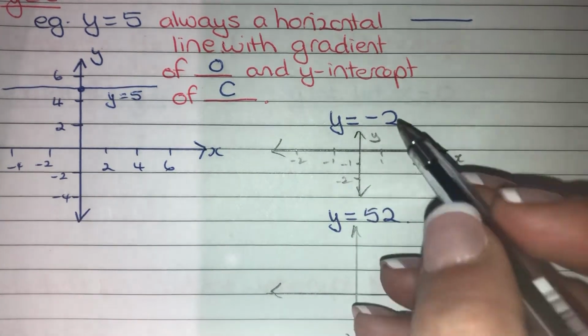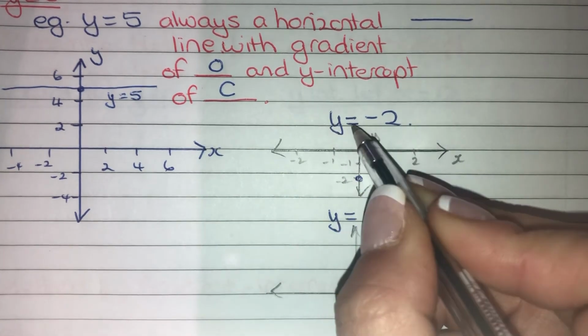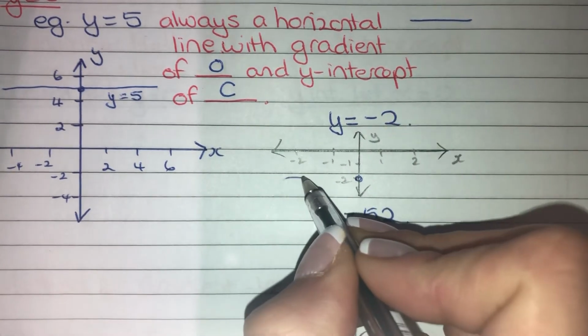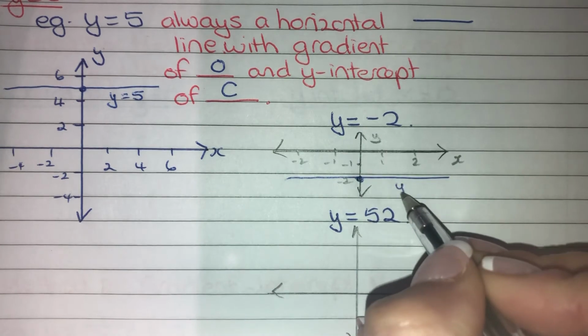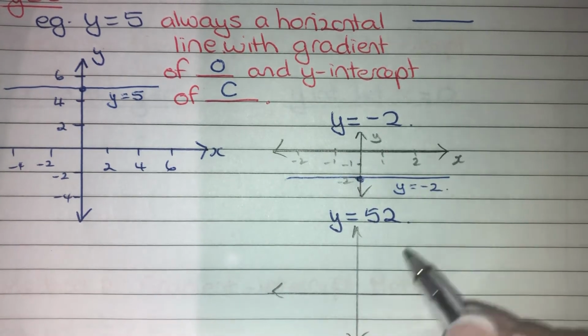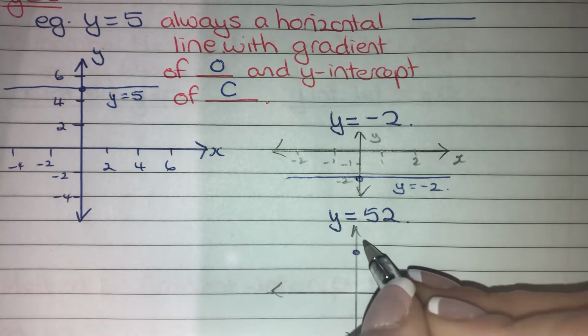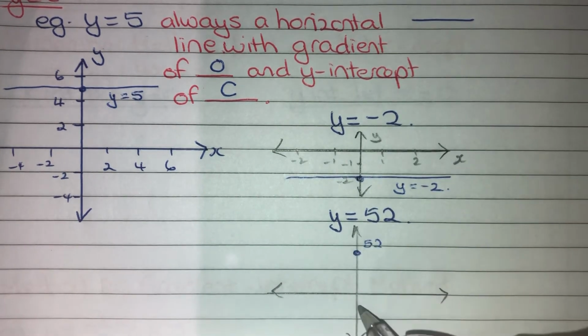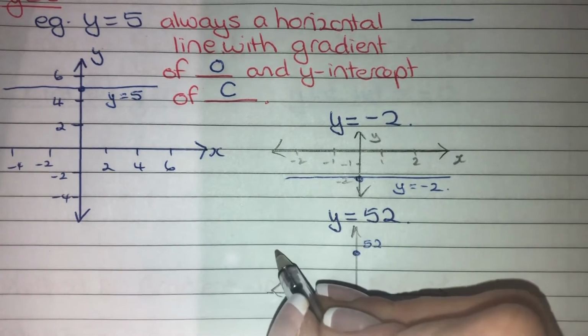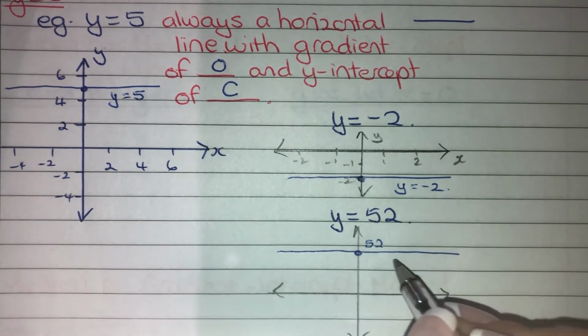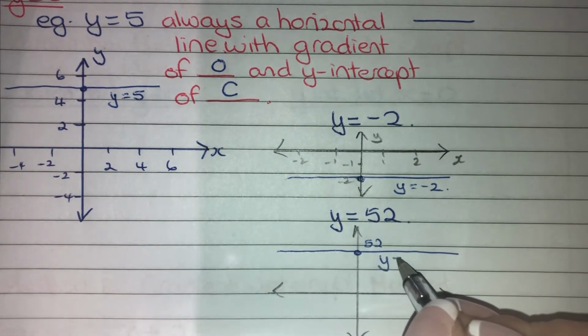So we go to y equals negative 2. Because it's y equals and it's just a number, it's a horizontal line. And we label it. This one I've written y equals 52. If it's something big, we just put a 52 because we don't need to draw all that rubbish in between. And you've just got to show us that you realise it's a horizontal line and you need to label it.